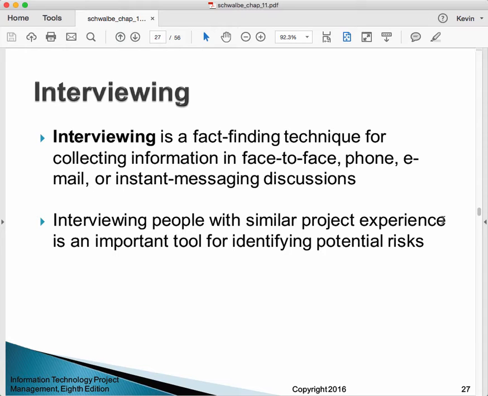Whether you do this formally or informally, I think you're only being responsible if you go out and find people who have had prior experience in projects, and say, okay, we're doing this project and we're thinking about the risks, what do you think? Or, here's what we have so far, or here are the big ones that we're thinking about.